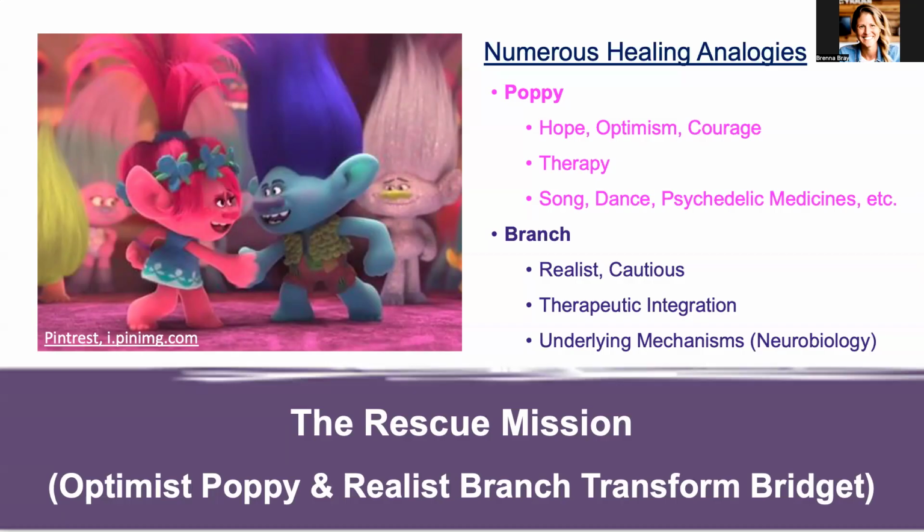And then Branch, he's more of the realist, he's more pragmatic, he's more cautious. He represents the guardrails that we have in the science of psychedelics, in the psychedelic community, in the use of psychedelic medicines, right? He can also represent therapeutic integration.